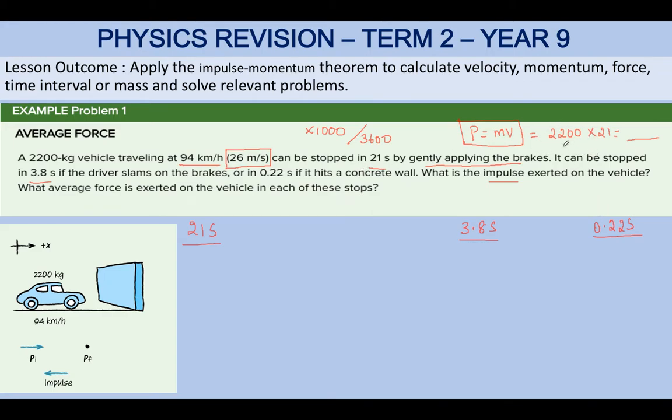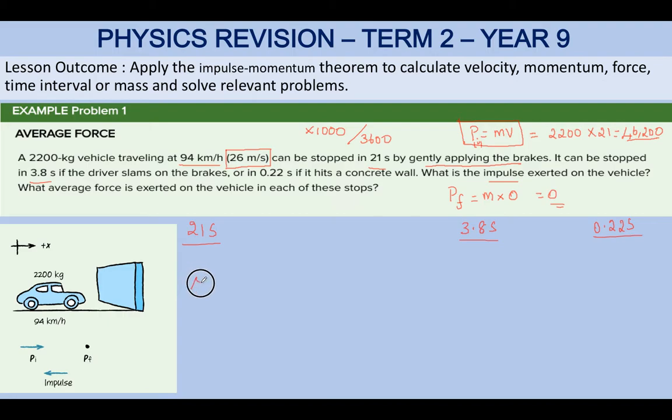Then it comes to a stop. So this is your P initial momentum. Final momentum will be 0. Why? Because mass times 0. So your final momentum is 0. So this change in momentum is equal to impulse, right? So 2200 times 26 equals, you get 57,200.